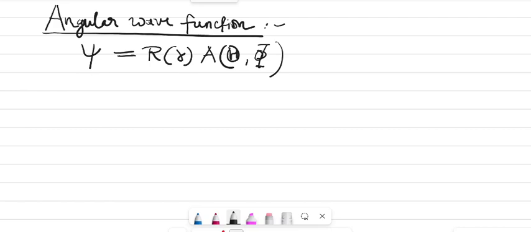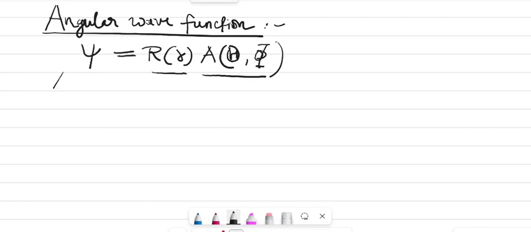About the radial wave function we had discussed this earlier also, and today we'll discuss the angular wave function. So the total wave function is R(r) into A(theta, phi).